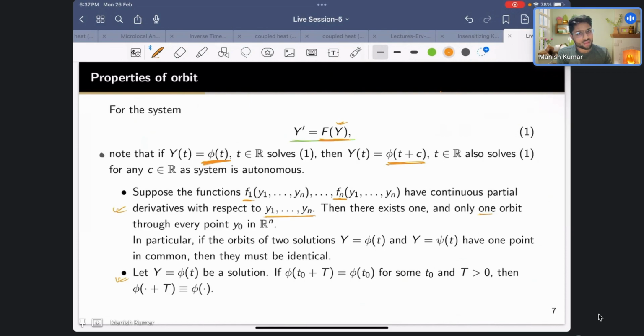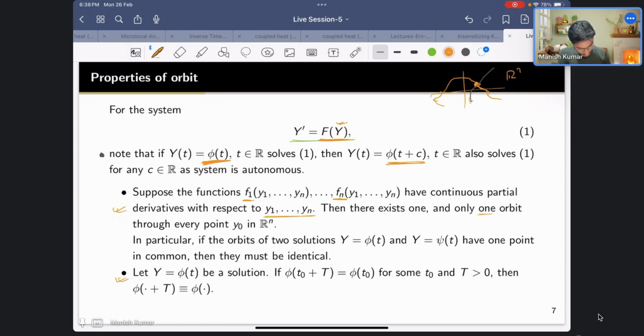So in R2, if you choose some point y naught, from this point there will be only one orbit passing. If some other orbit passes through this point, that is not possible. In other words, two orbits cannot intersect. If you have one orbit, the other orbit cannot intersect that orbit.